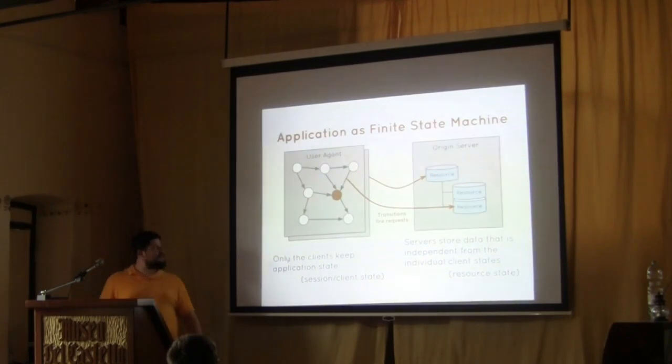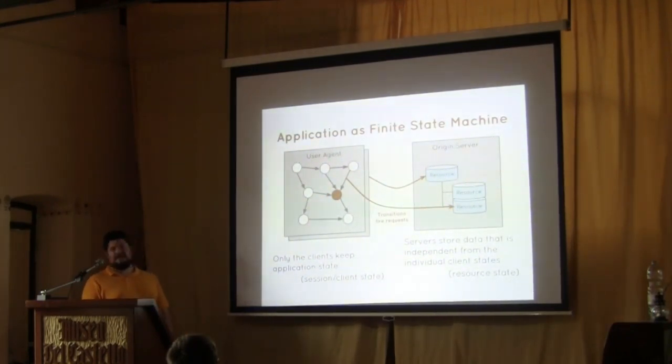To make this a bit clearer, maybe you can think of the general application that is running as a finite state machine. So in the browser, for instance, you have some kind of states, and you have transitions between those states of finite state machine, and in which state you currently are. That's the session or client state.